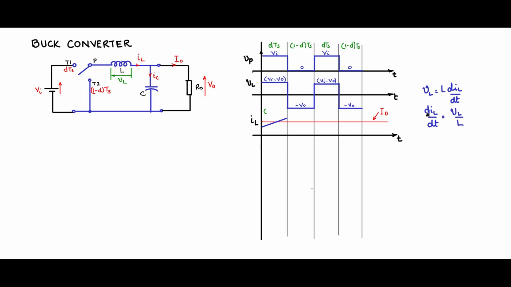So therefore the slope of dIL by dt has to be fixed. Therefore a straight line, having a slope Vi minus V0 by L. Now during this time, the voltage applied across the inductor is negative, and the slope will be minus V0 by L, and because it is minus V0 by L, it's a negative slope. So positive slope, negative slope, so on, it keeps going.